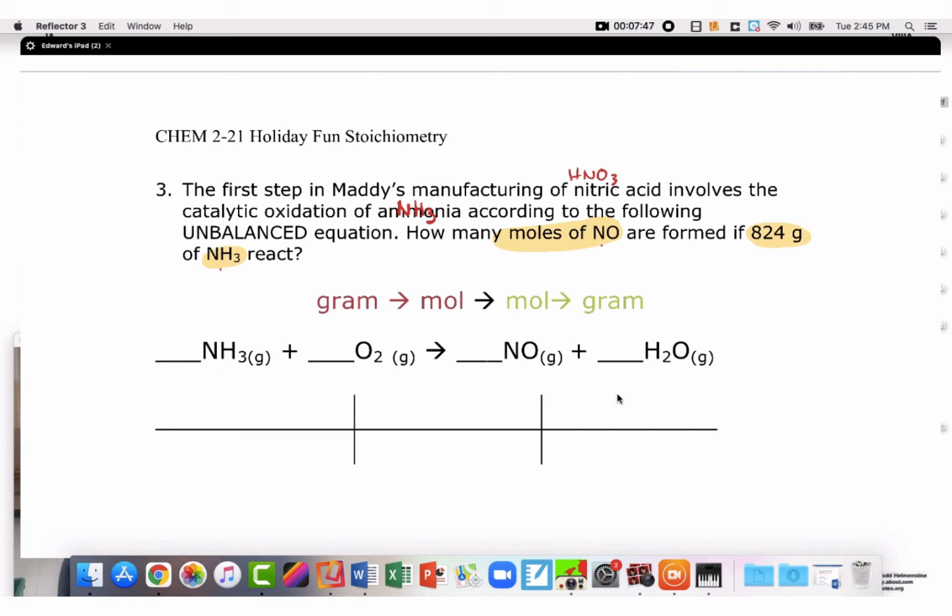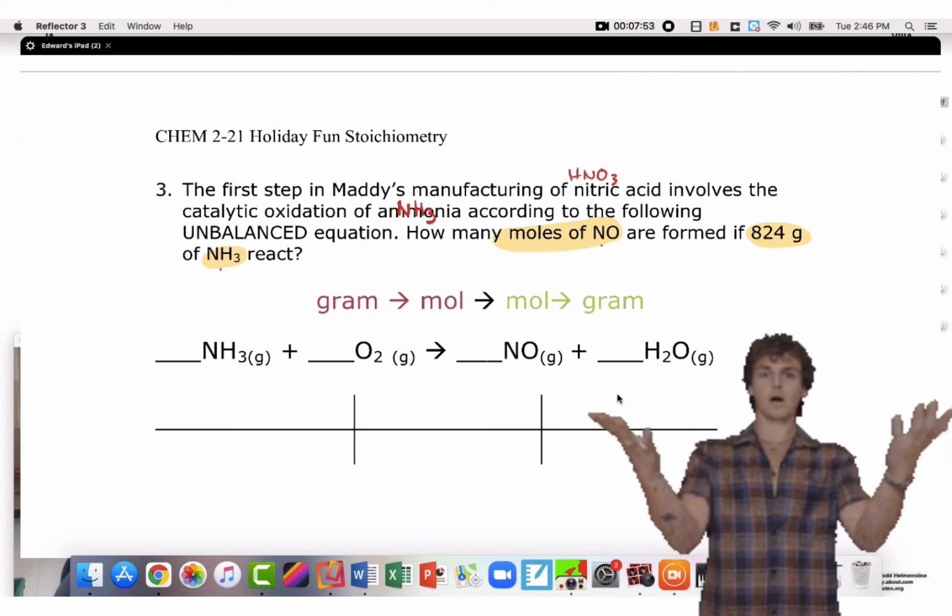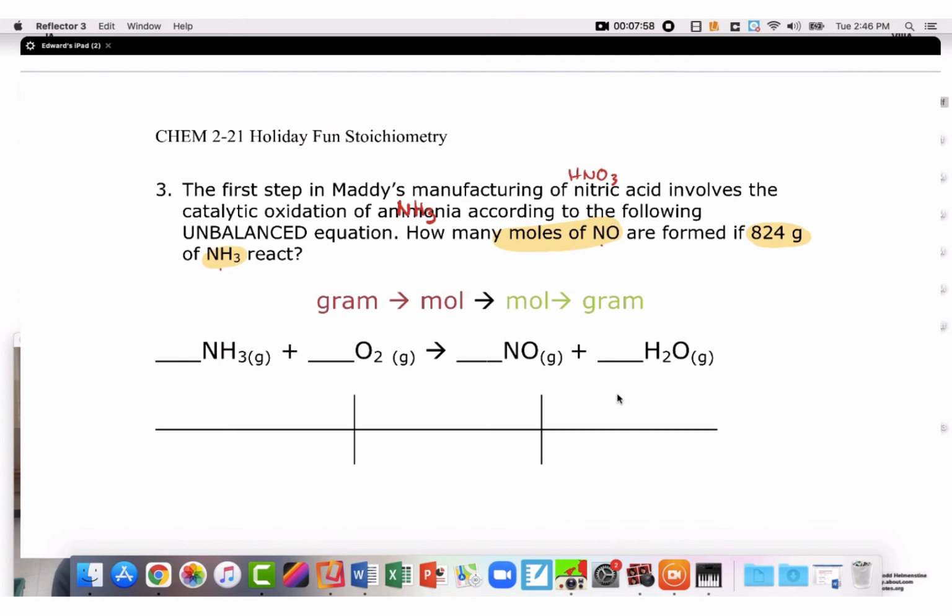So this time who would have thought that I would do mole to mole to gram, and then do a gram to mole, and we don't need the grams at the end, right? So moles, question mark, grams of NH3.